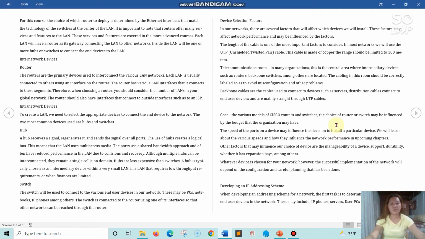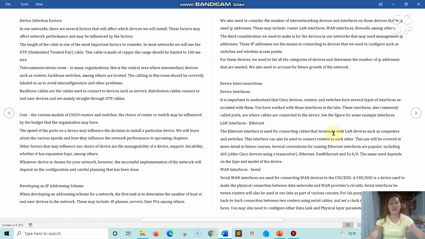So in developing an IP addressing scheme for a network, the first task is to determine the number of hosts or end user devices in the network. This may include IP phones, servers, or user PCs, among others.